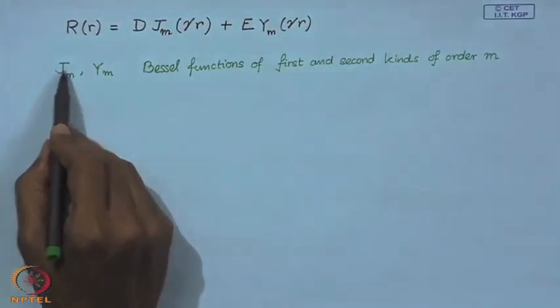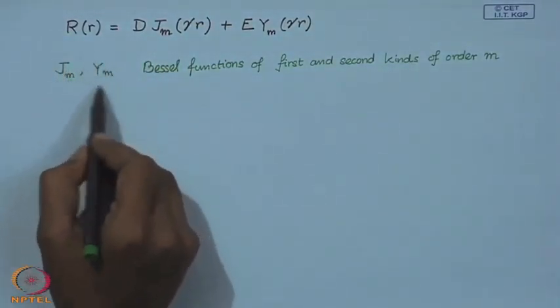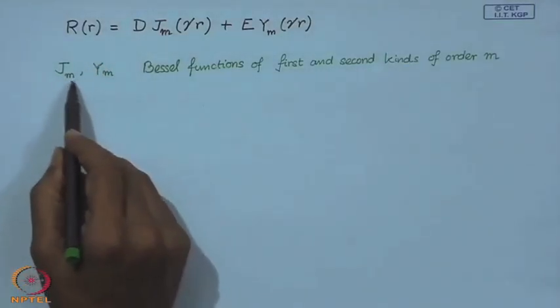This is the first kind and this is the second kind, and they are of order m.